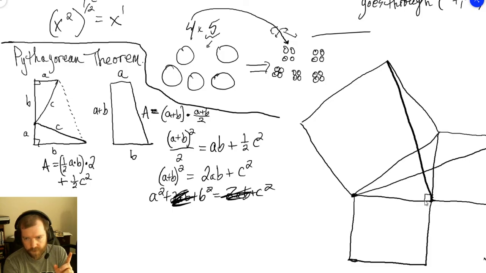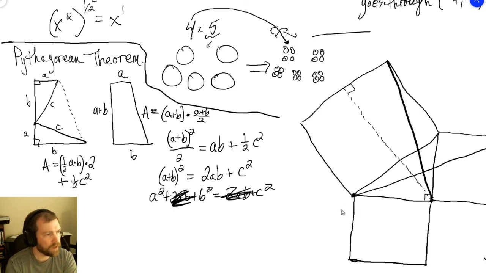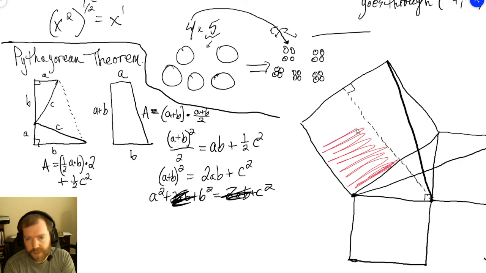And if this is the right angle, then also dropping an altitude down splits this into two pieces. And you can add, there it is. You can find that this area here is equivalent to this area here.